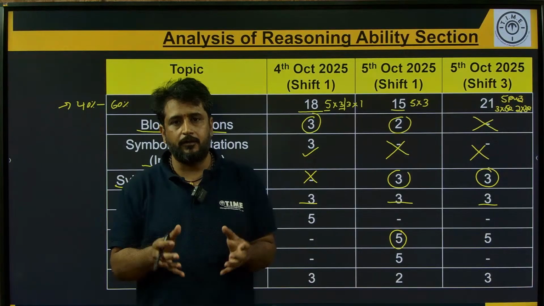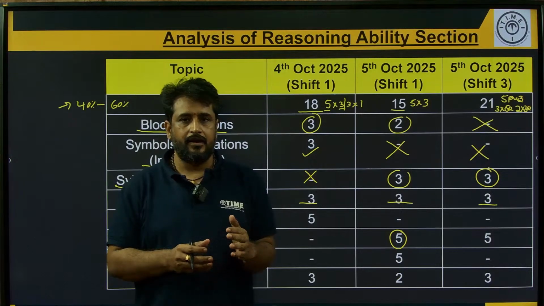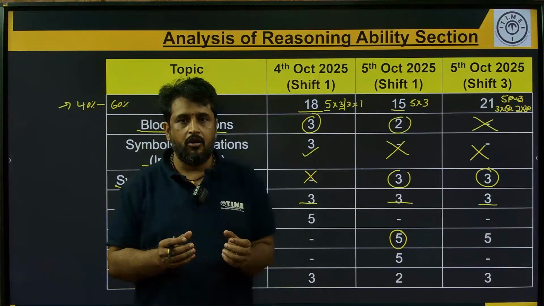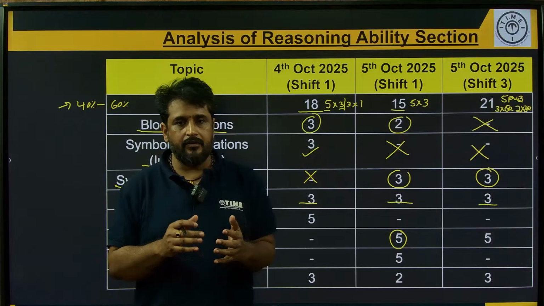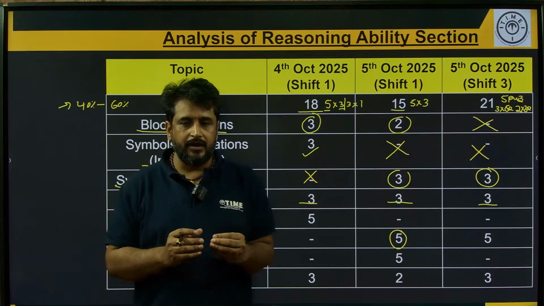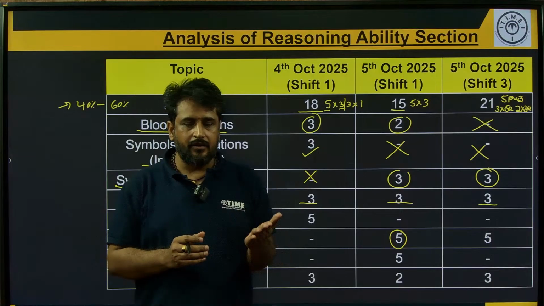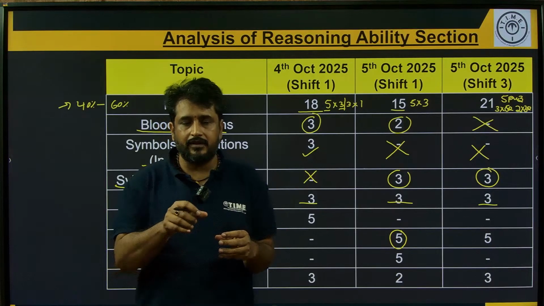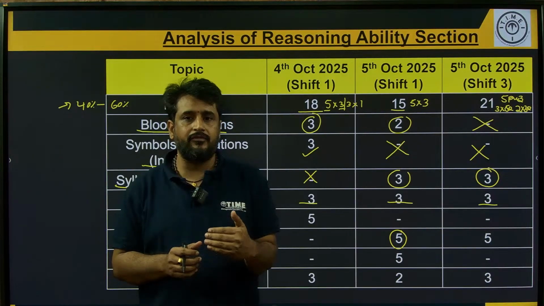The kind of operations they gave is: if in each word, vowels are replaced by the next vowels and consonants are replaced by the next consonants, then how many words contain at least one vowel? Another question: if in each word vowels are replaced by the previous letters and consonants are replaced by the next letters, and the letters within themselves are arranged in alphabetical order, then how many words start with a vowel?